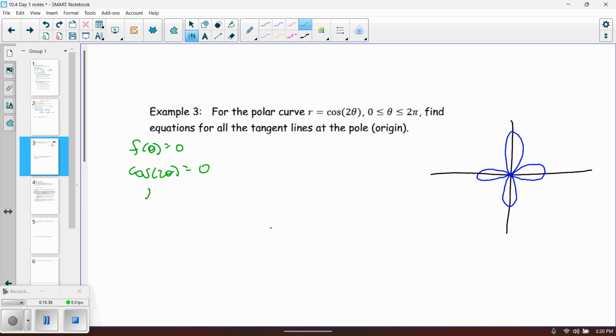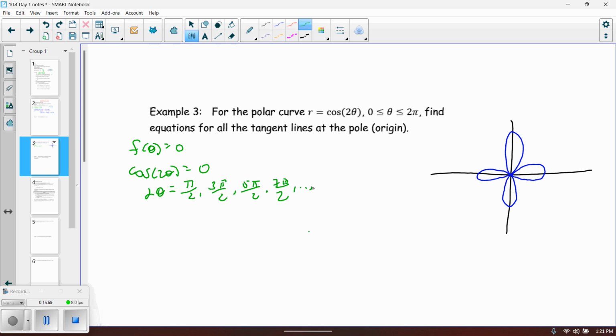So we're going to set 2 theta, because that's our angle, equal to whatever makes cosine 0. Remember, cosine is 0 at all the odd pi halves. So that's going to be pi halves, 3 pi halves, 5 pi halves, 7 pi halves, and so on.